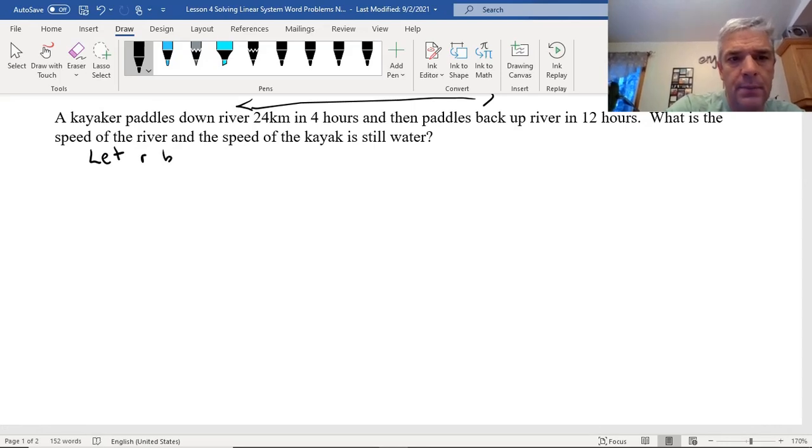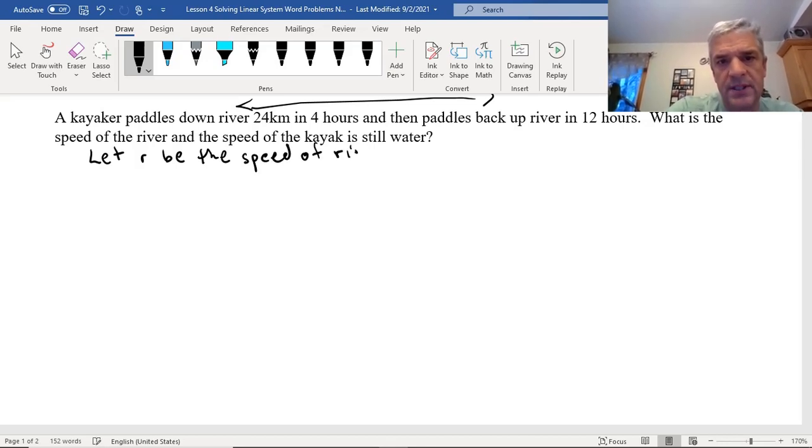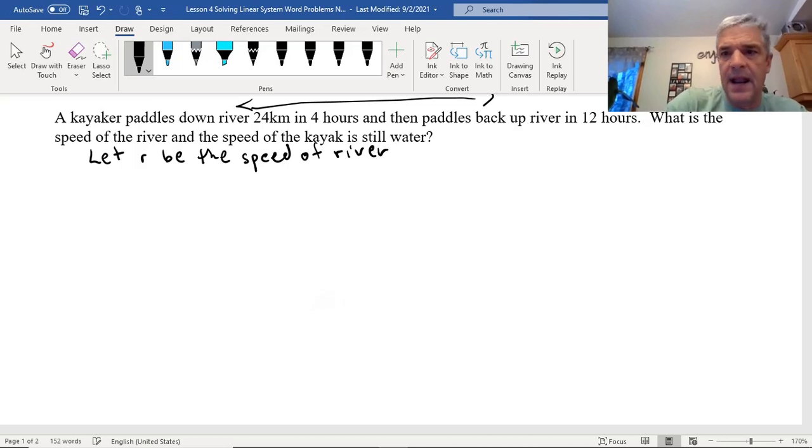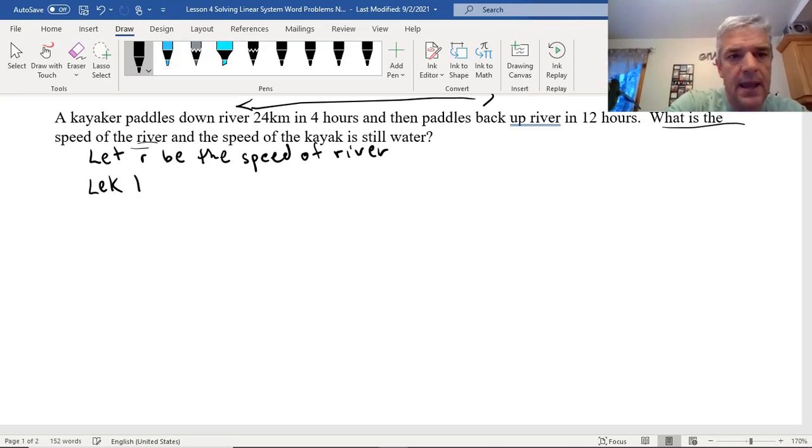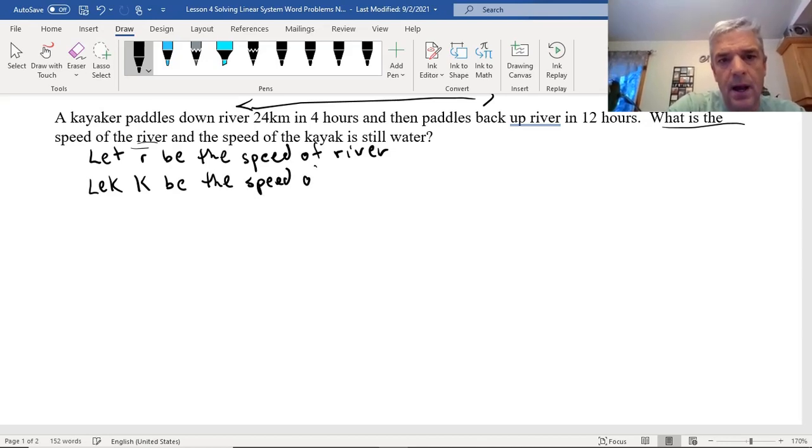So what I'm going to do is say let R be the speed of the river. And notice that this is something that you're being asked to find. What is the speed of the river, right? And then I'm going to let K be the speed of the kayak.